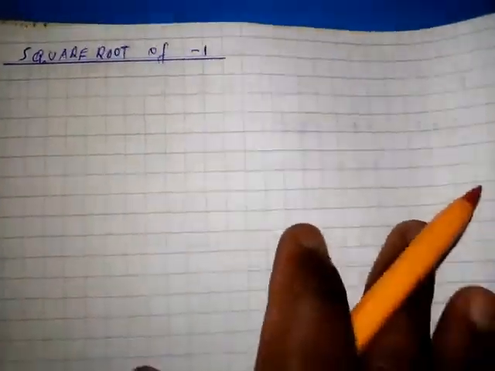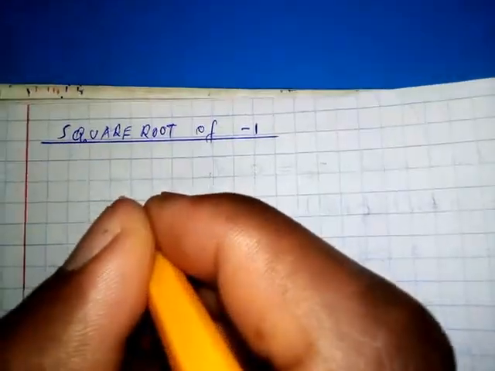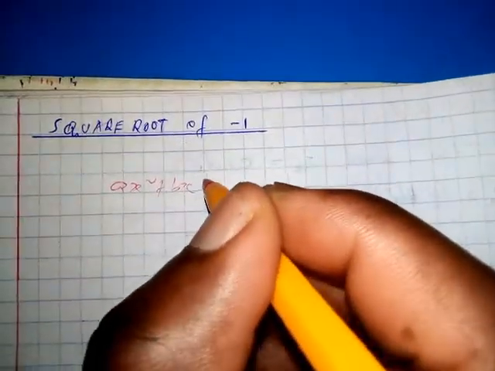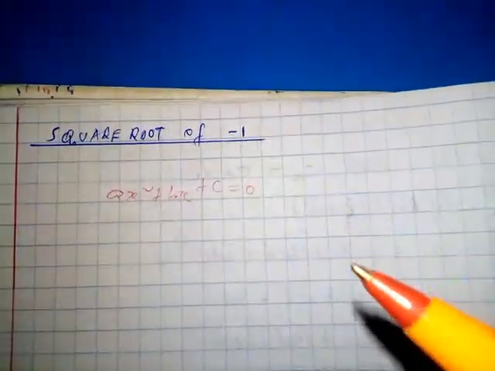Consider a general quadratic equation: ax squared plus bx plus c is equal to 0.